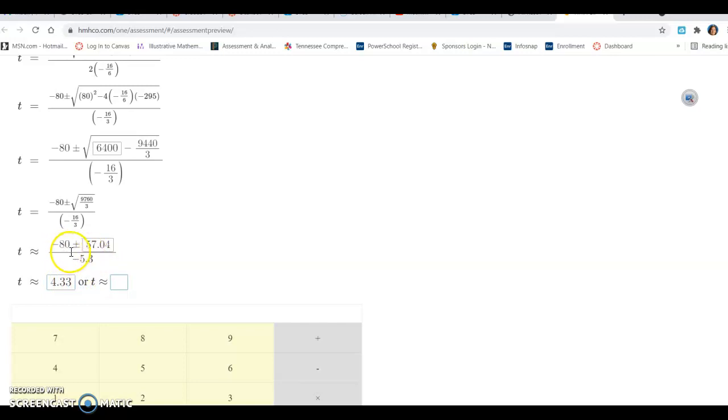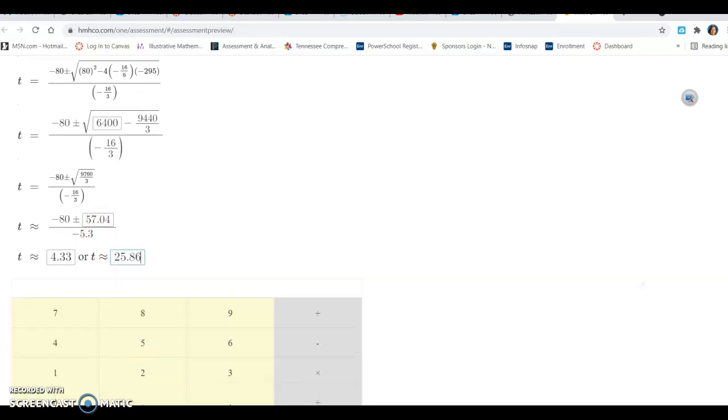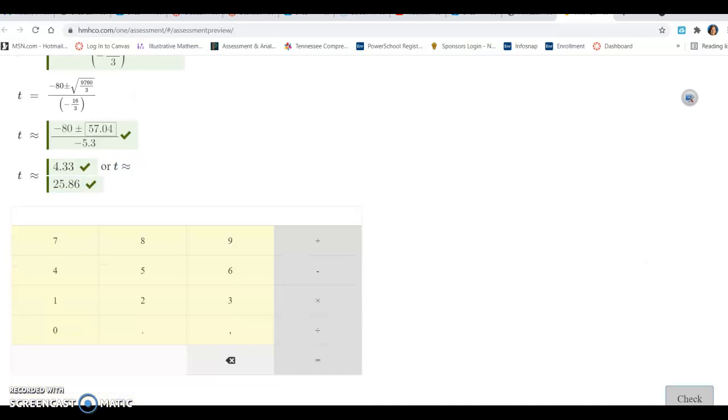And then if we do negative 80 minus 57.04 divided by negative 5.3, we get 25.86 to 2 decimal places.